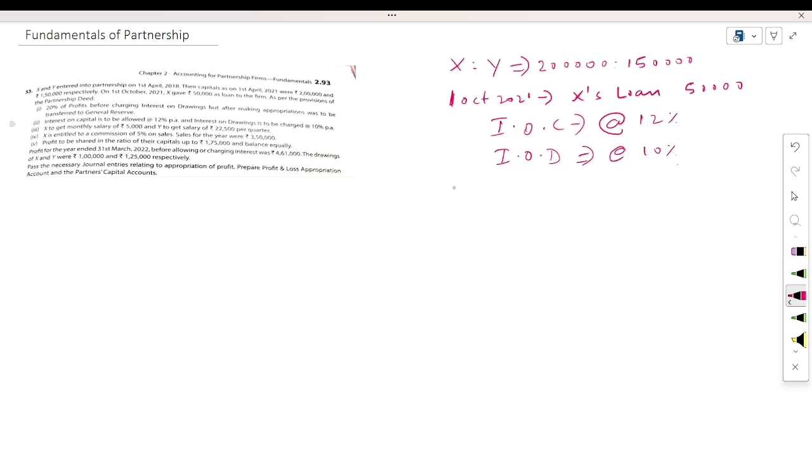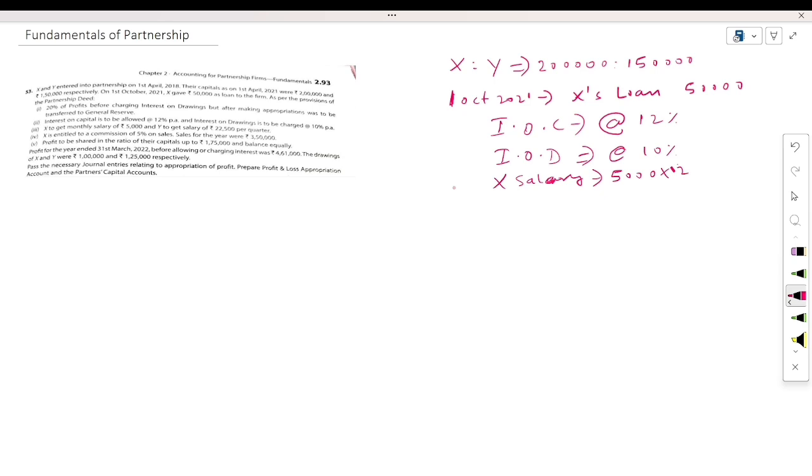X is to get a monthly salary of rupees 5,000 and Y is to get a salary of rupees 22,500 per quarter. X salary is how much? 5,000 monthly salary. As you know, if salary is given monthly, then we will convert it into the year.